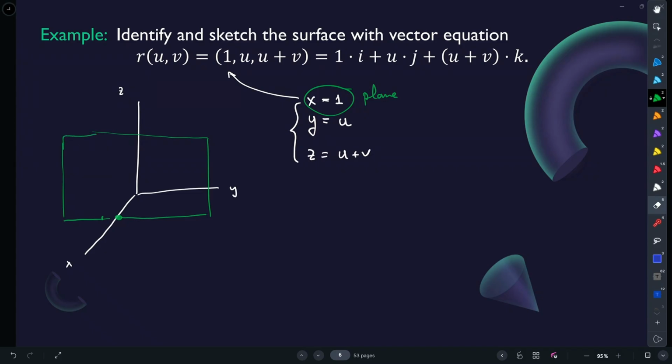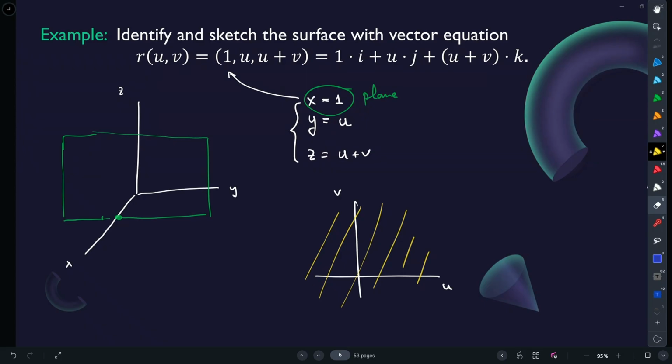That's the plane x equals 1. And now the other 2 coordinates are giving me some other properties. Now, because here there are no restrictions on u and v, our parameter space is all of R2, all of the plane.